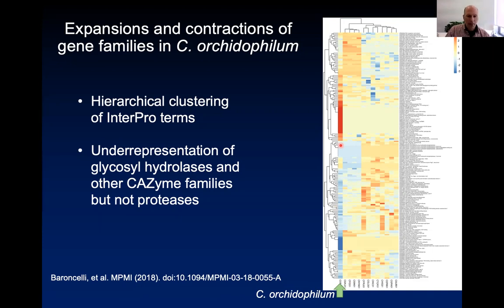It infects members of the Orchidaceae, but that's all. And what you can see is that these blue colors here indicate gene losses in certain gene families, and those are CAZyme families. But what's interesting is that we don't find gene losses in the proteases.